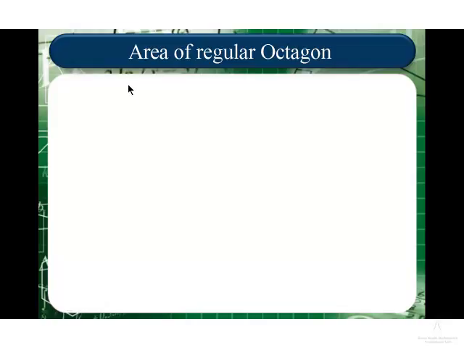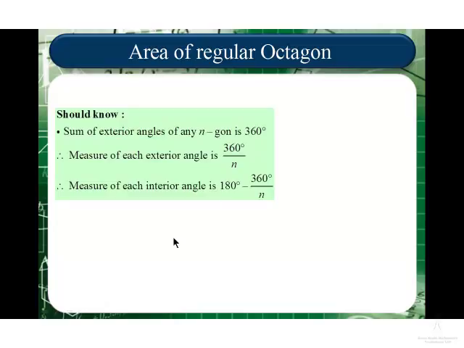Consider the strategy that we have discussed in the previous slide to find the area of polygons. In particular, let us consider the area of a regular octagon. First of all, you should know that the sum of the exterior angles of any polygon with n sides, let's refer to that as an n-gon, is 360 degrees.